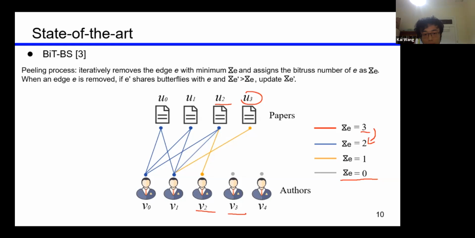Then we remove this edge and then this edge, and the remaining edges all have butterfly support 2, so we remove each edge and assign the bitruss number of each edge as 2.